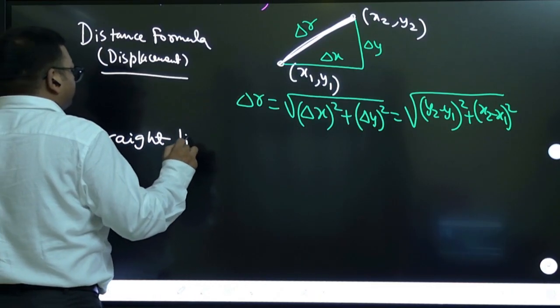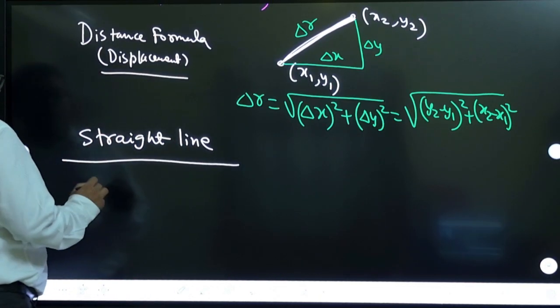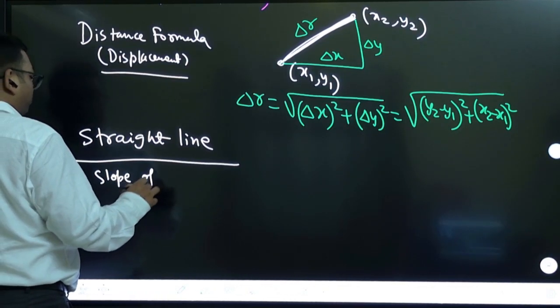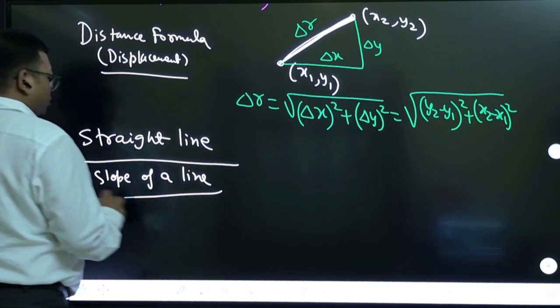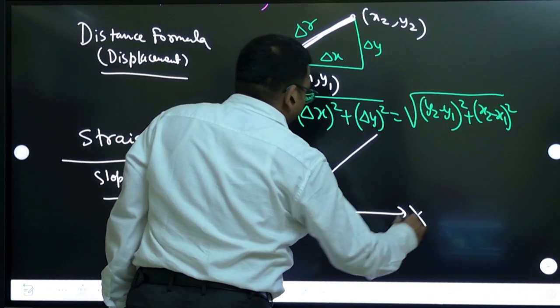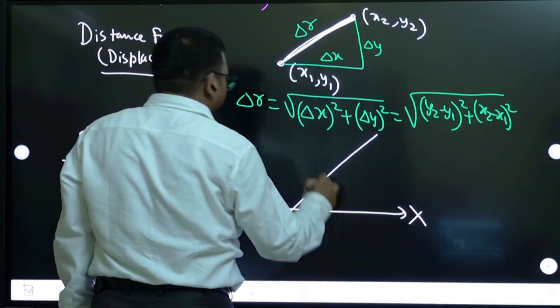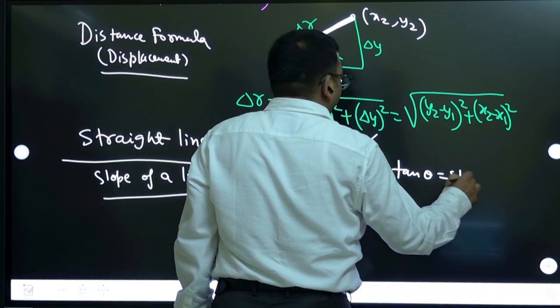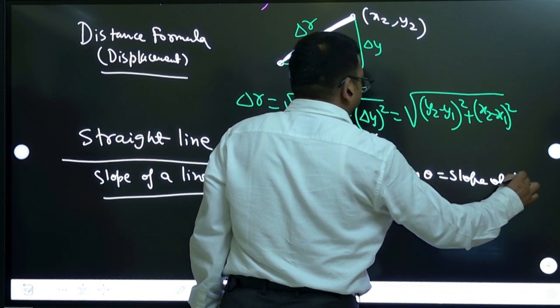In a straight line, what is the meaning of slope? Slope of a line. Suppose there is a line like this, and this is the x-axis and this is the angle theta. Then tan theta is called the slope of the line.